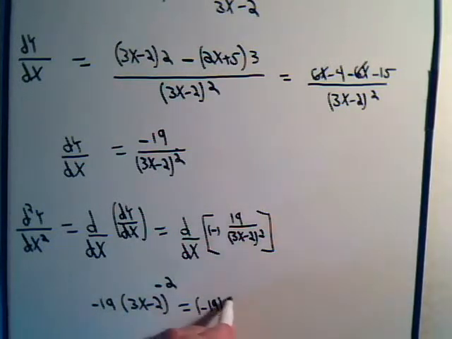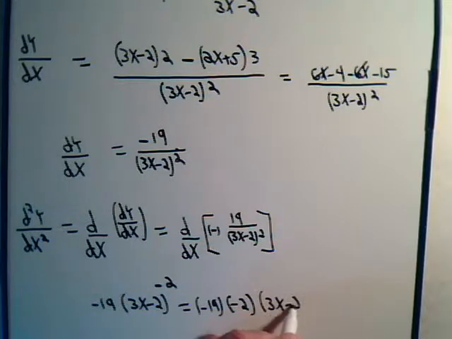We bring this down times minus 2 times 3x minus 2 to the negative 2 minus 1. Or that would be negative 2 plus negative 1. That's negative 3 times the derivative of what's inside of here. And that would be 3.